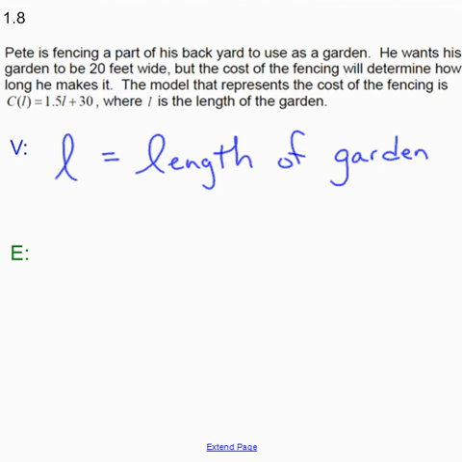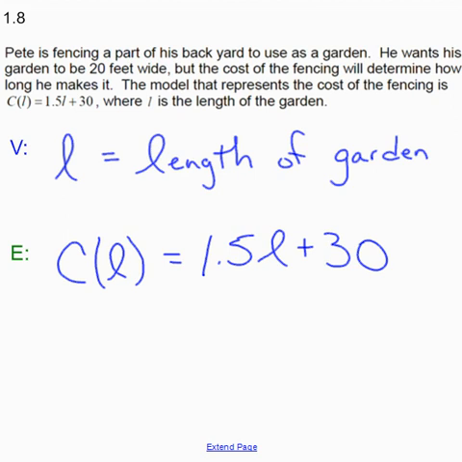So make sure you're able to do that if they're not given to you. So L is the length of the garden in this case, and the E is also given to us in this case. Again, you need to be able to write that equation if it isn't given to you. So that's the equation part of this one.